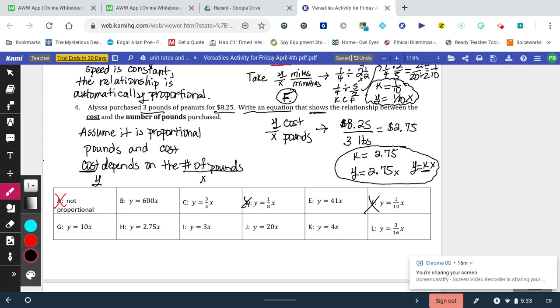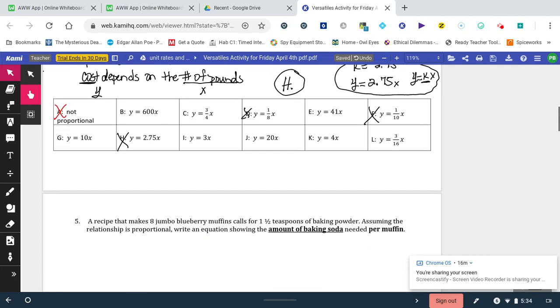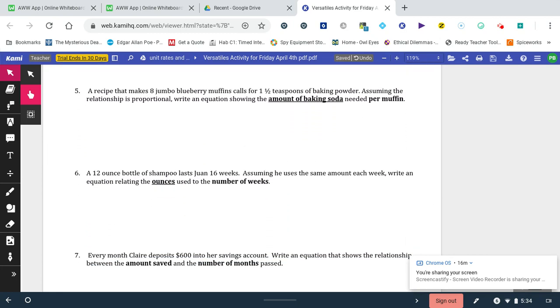All right, so you're going to look for Y equals 2.75X, and that would be H. So number 4 is H. All right, so I'm going to go to the next page, and I want you to pause the video on the next page. When you get to the next page, I want you to try number 5. So pause the video and try number 5.